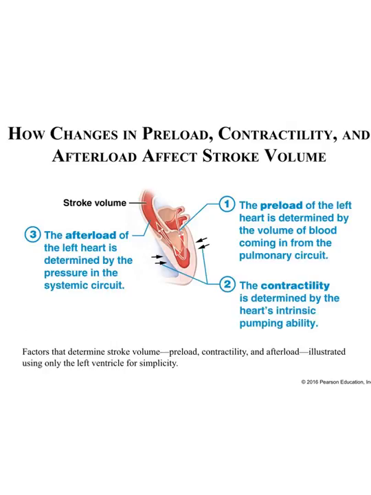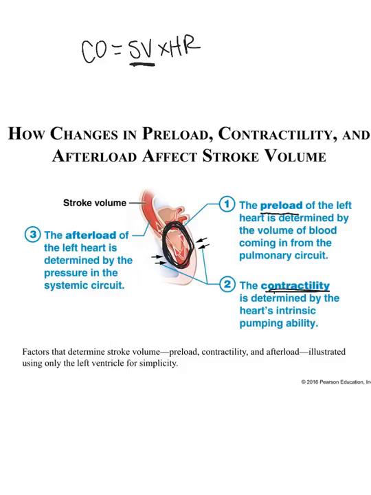Okay, just reminding us of the three factors that affect stroke volume. Cardiac output is stroke volume times heart rate, and right now we're talking about the three variables of stroke volume. Preload is determined by how much blood is entering the ventricle, how much blood we load it with before it contracts.